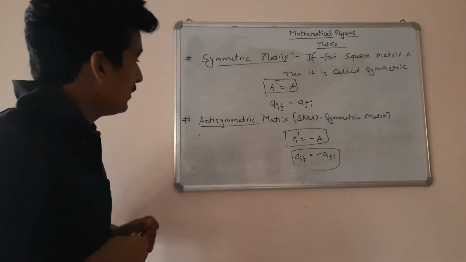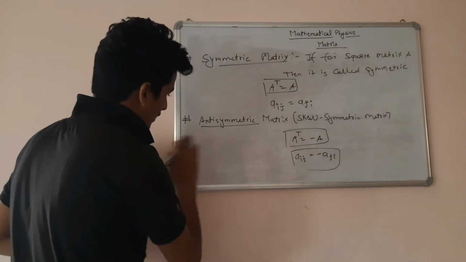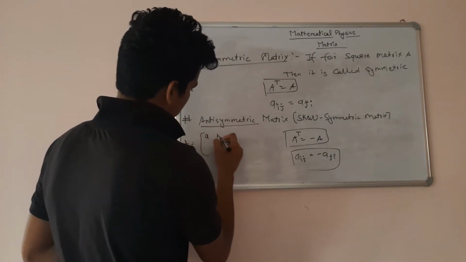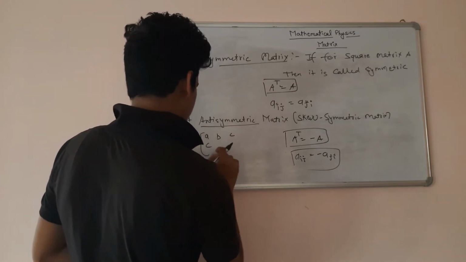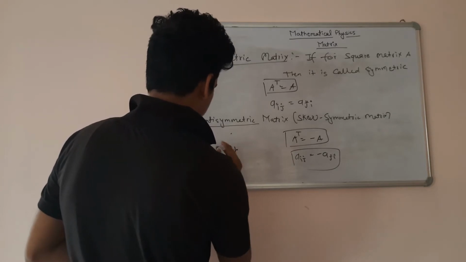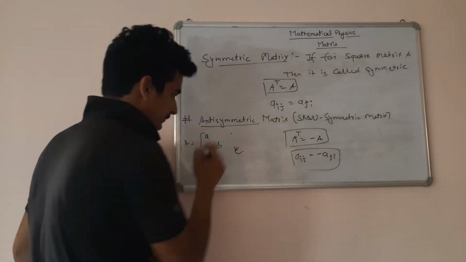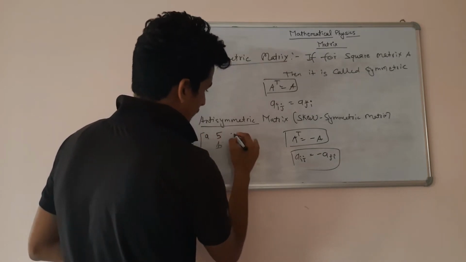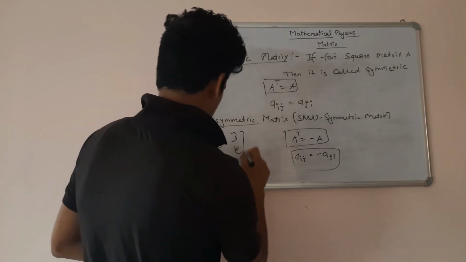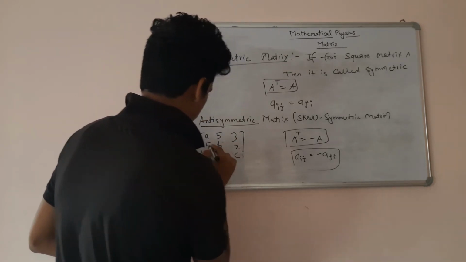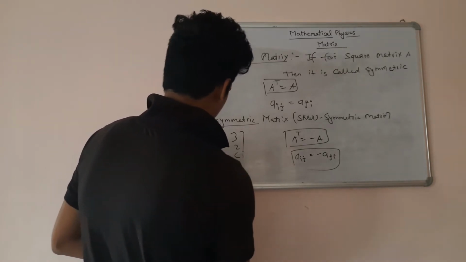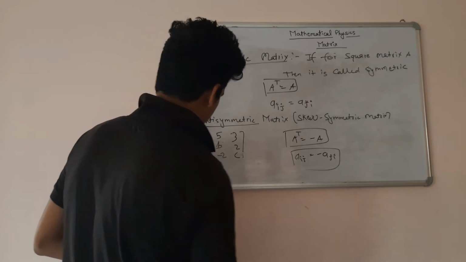So this is a skew symmetric matrix. Let there be a matrix with rows A, B, C and 5, 3, 2, with minus signs on the other side.